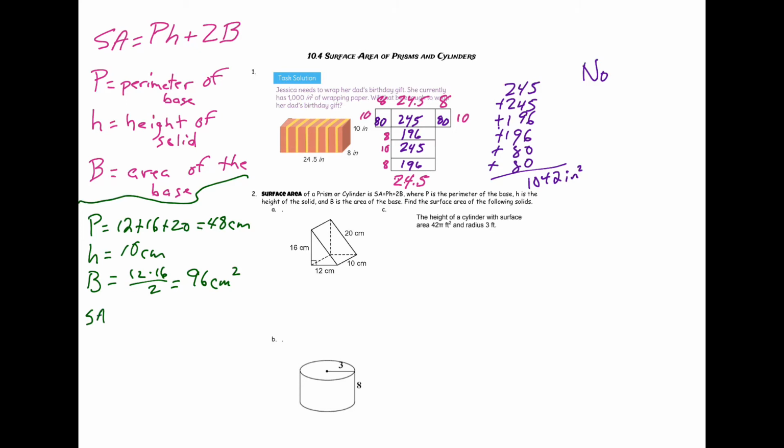So surface area equals my perimeter of the base, 48, times the height of the solid, that's my h, so times 10, plus 2 times the area of the base, which is 96. So 48 times 10 is 480. 2 times 96 is going to be 192. And then I can just add those numbers for an answer: 672 centimeters. And because it's area, centimeters squared.